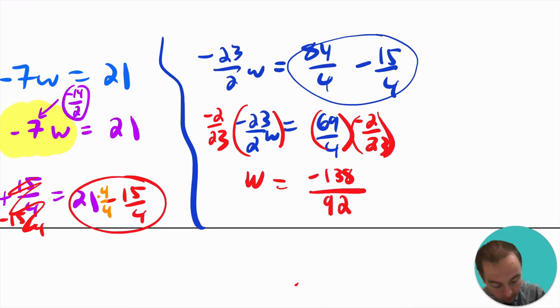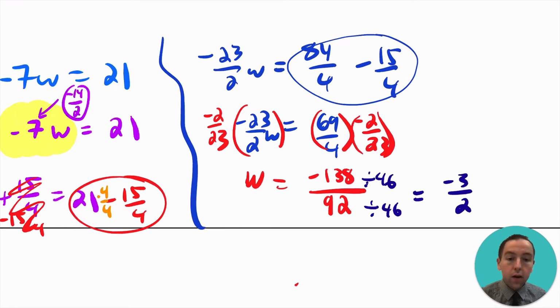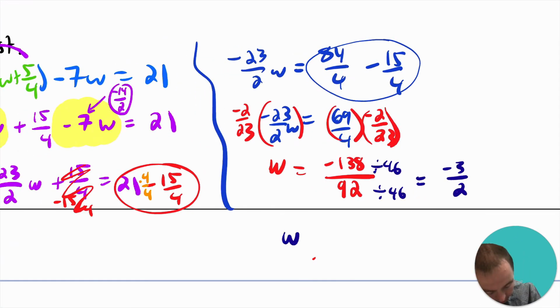It does turn out that both of them are going to divide nicely by 46, which is the greatest common factor of those numbers. So it does end up reducing all the way down to -3/2 for a w value. So you do end up getting w equals -3/2.